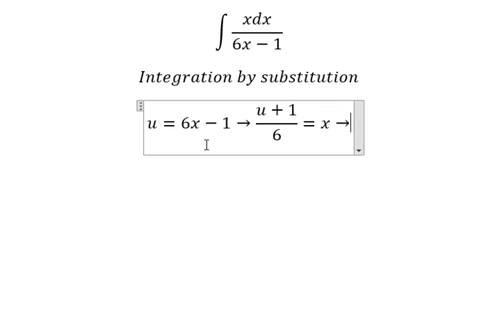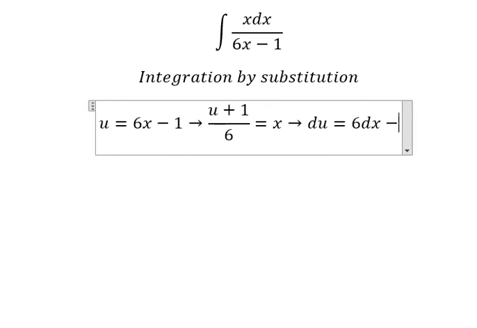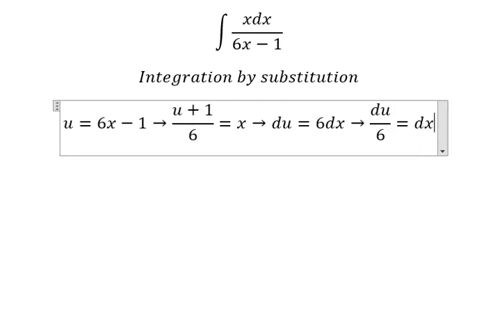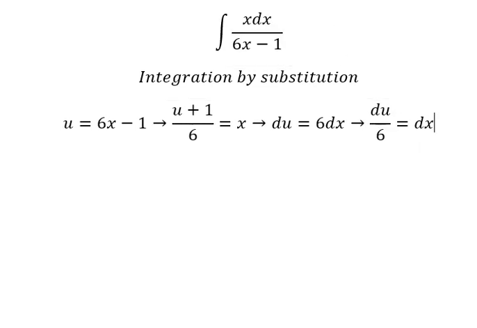Next, we need to first take the derivative of this one. Because we don't have 6, we need to divide both sides by 6. So this one we change for u.